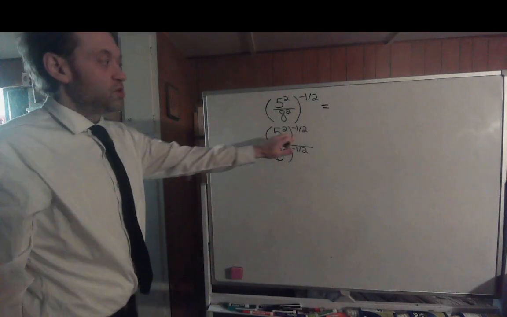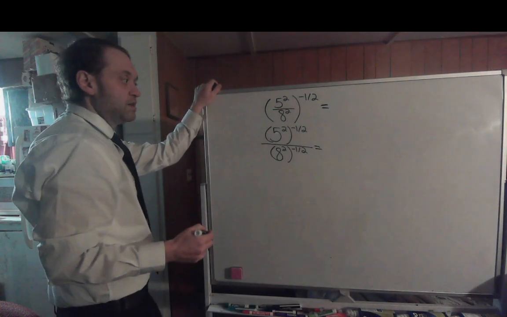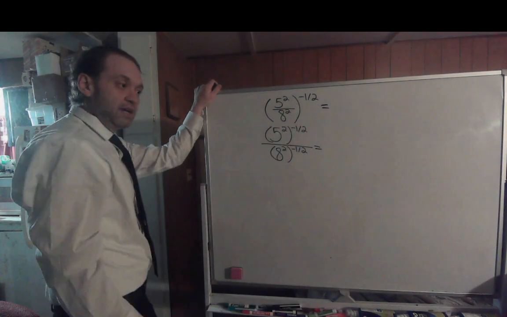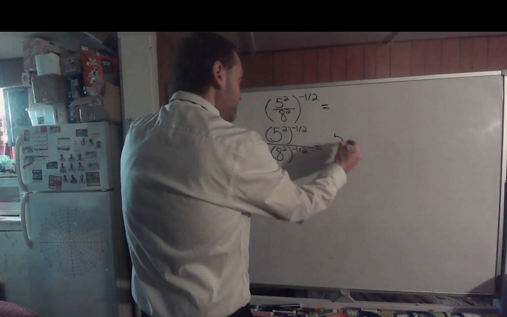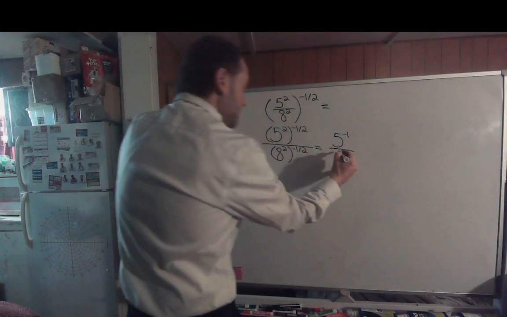So now we just multiply the powers in the numerator and denominator. What do you get? 2 times negative 1/2 gives you negative 1, so you'd end up with 5 to the negative first over 8 to the negative first.